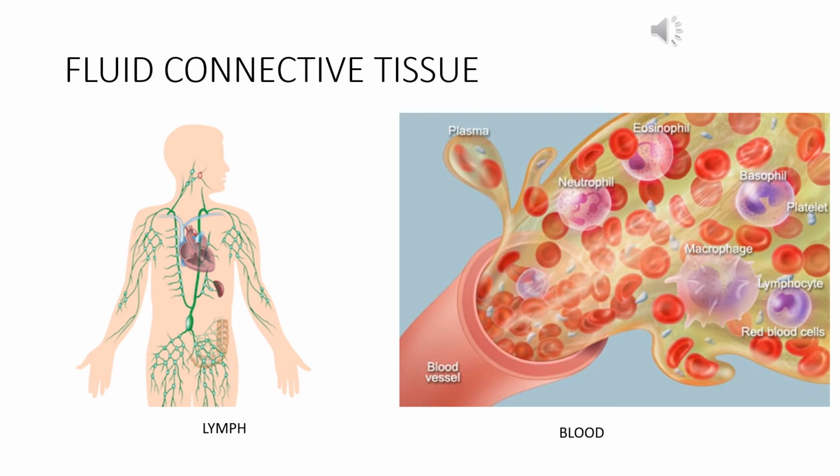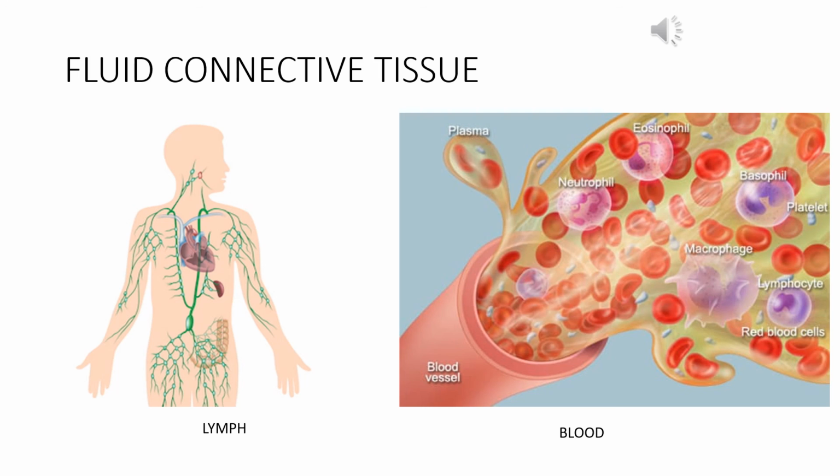And what does the blood do? Blood transports oxygen through hemoglobin present in the red blood cells to different parts of our body, and it also removes carbon dioxide from the tissues. Now we come to the second kind of fluid connective tissue, that is the lymph. Now what is lymph?